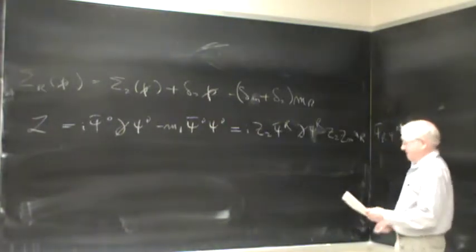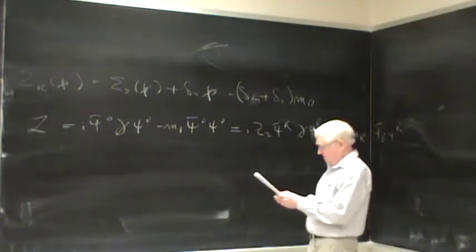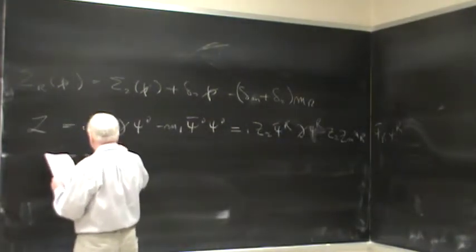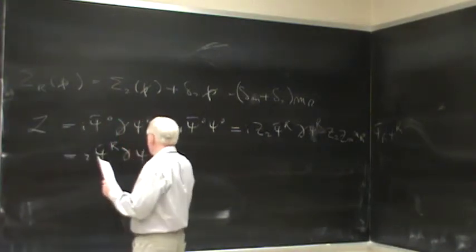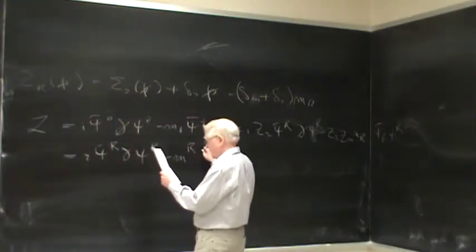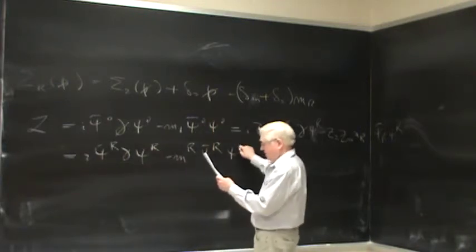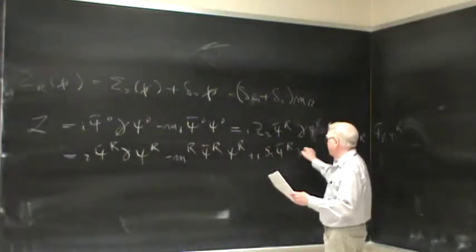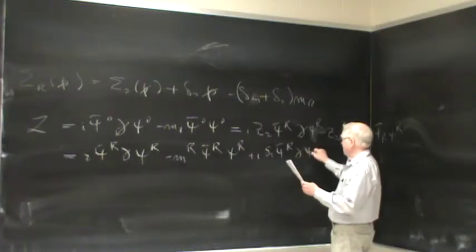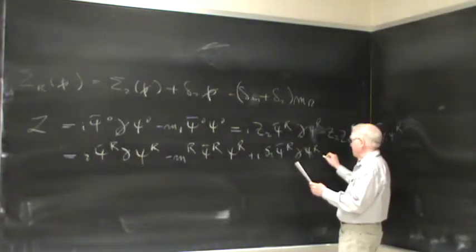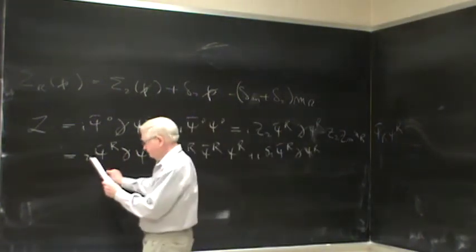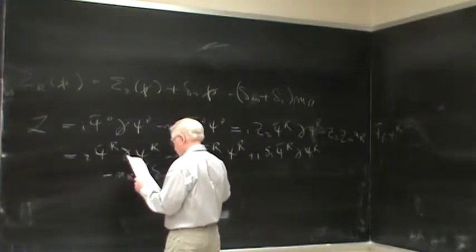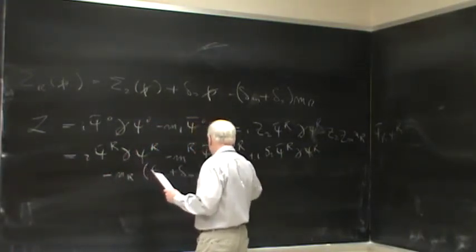With our definitions, we can rewrite them that way, and another way of writing them is i psi bar renormalized D slash psi renormalized minus M renormalized psi bar R psi R plus i delta 2 psi bar R D slash psi R minus M_R times delta 2 plus delta M psi bar R psi R.